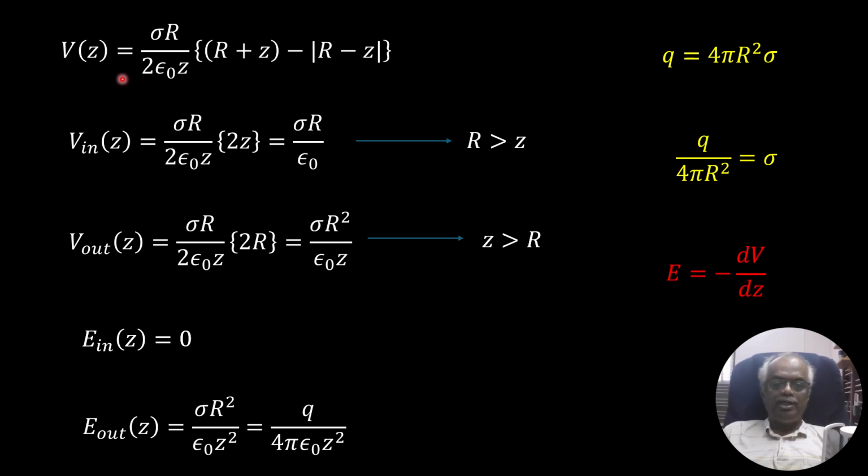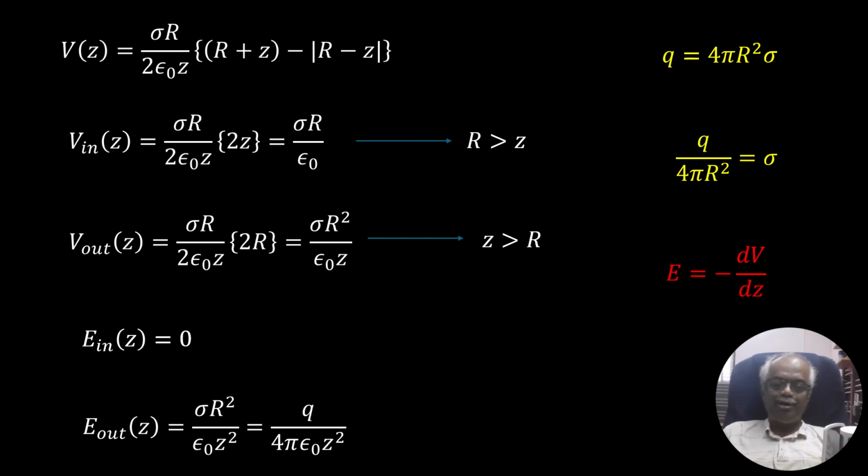Now we got this potential V of z is equal to sigma r over 2 epsilon naught z, r plus z minus modulus r minus z. Now take the two cases. That is r is greater than z, that is inside the sphere. So potential inside, what will happen to the terms inside the bracket, because r is a bigger number.